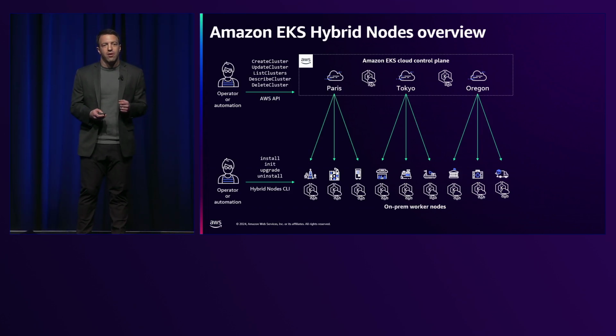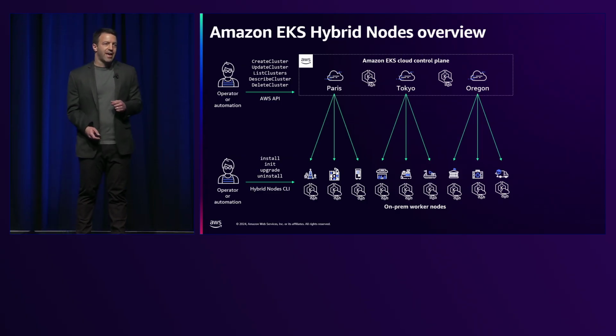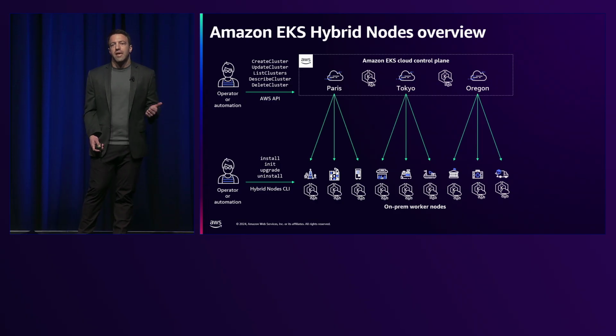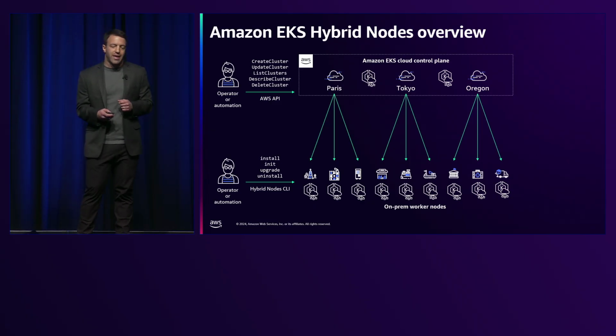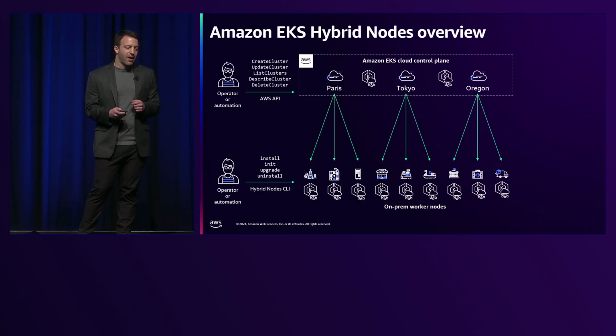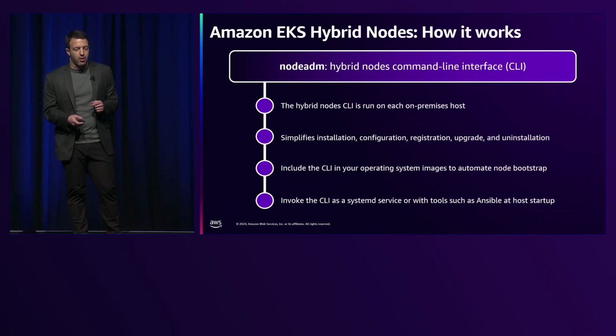The resulting Hybrid Nodes CLI utility, called Node ADM, installs the components needed for your on-prem hosts to run as Kubernetes nodes and authenticate to the EKS control plane, including the kubelet, containerd, and the AWS IAM authenticator. Running the Node ADM init command bootstraps your nodes by configuring the installed artifacts to join your EKS control plane in the cloud. All right, let's take a brief detour to learn a little bit more about Node ADM before coming back to wrap up our overview.